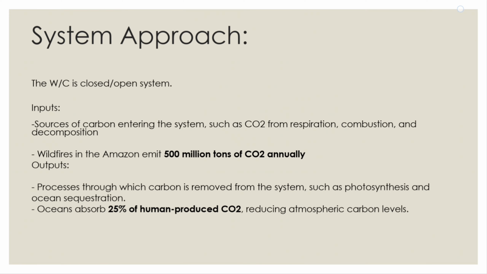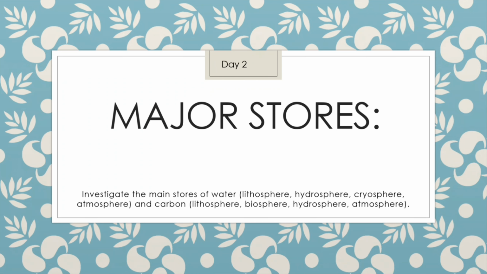And then you may repeat this again for the intake of carbon from photosynthesis or ocean sequestration, and then give a fact saying 25% of anthropogenic CO2 is absorbed by the ocean. The major sources of carbon within our water and carbon cycle link perfectly with the system approach, so I've added it on to this video.